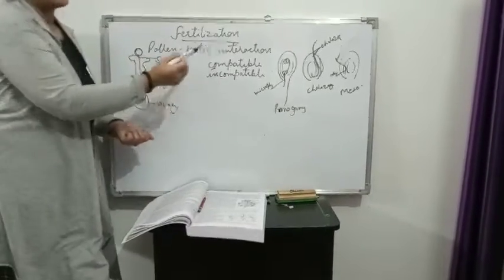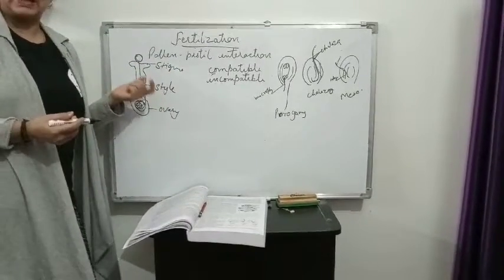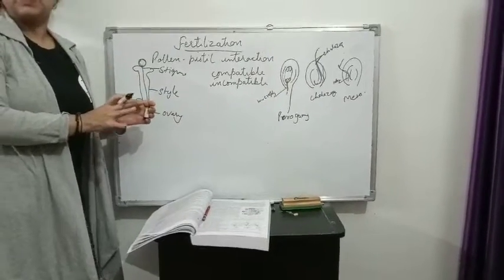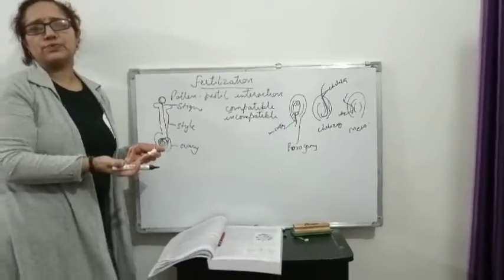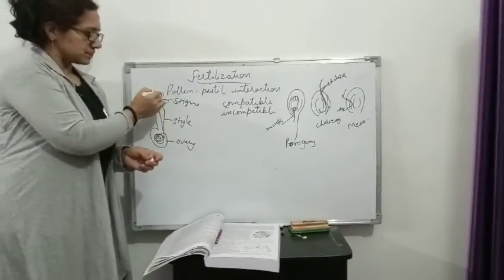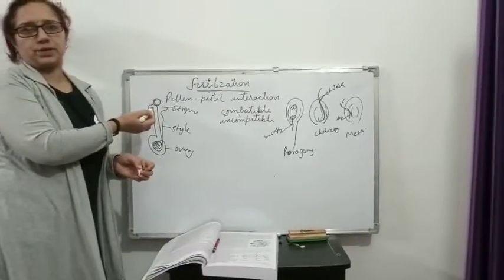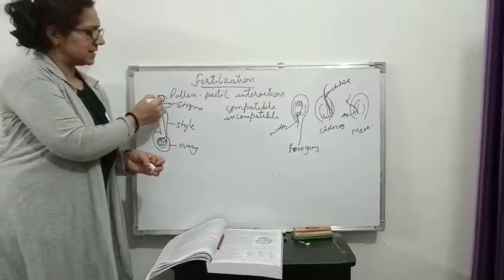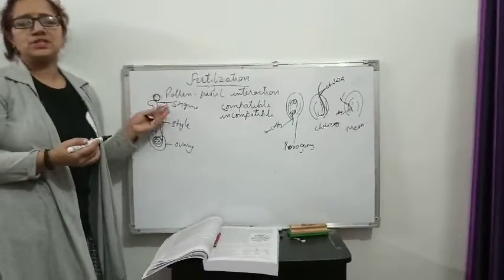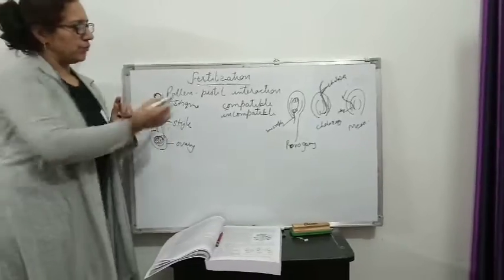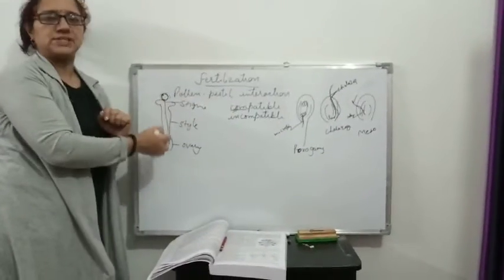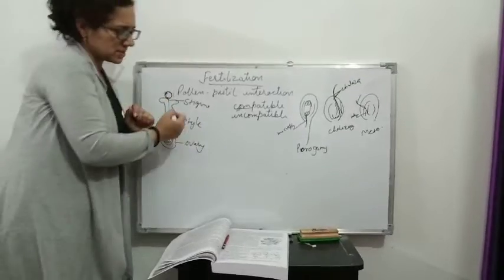But if it is incompatible, in simple terms, if it is of a different species, this pollen degenerates here only, we can say it dies, and it does not form a pollen tube, and the procedure does not continue. So for pollen pistil interaction, the pollen has to be compatible with the pistil. Got my point? This is clear, I hope.